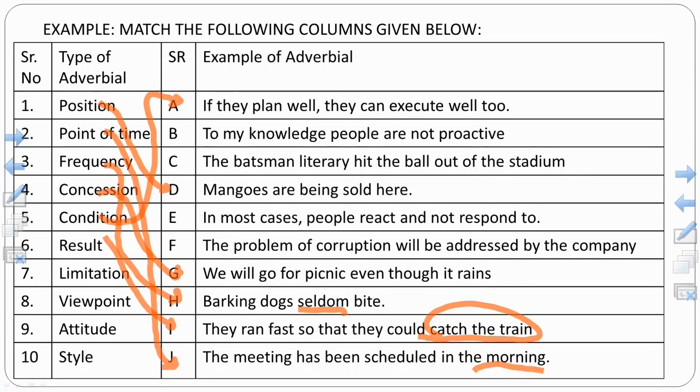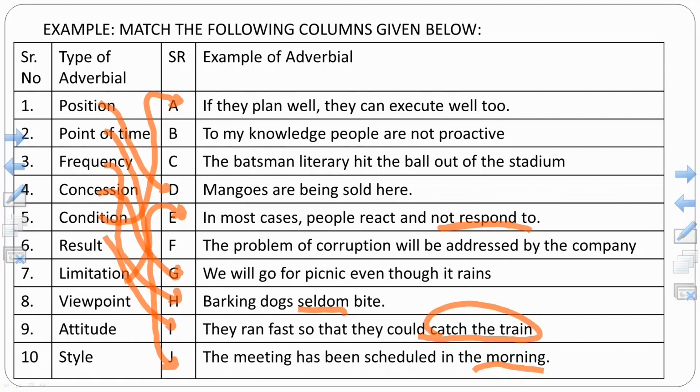Now limitation. If you look at the limitation, then in most cases people react and do not respond. So this is limitation. People just react, but they do not respond. Now let's look at viewpoint.